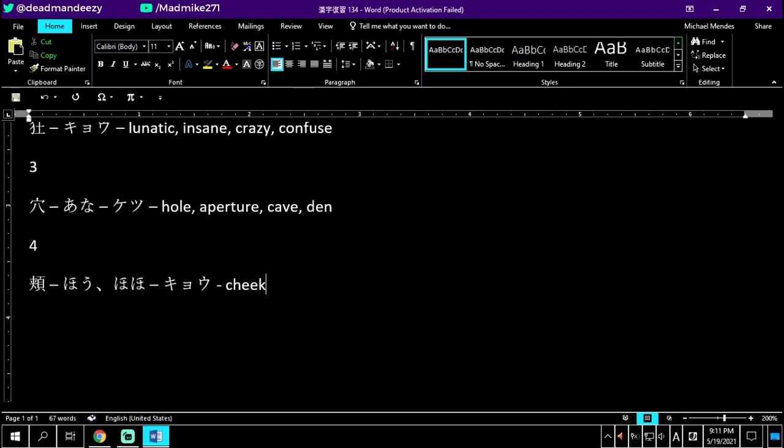Can't find it. Let's see if we can find it.